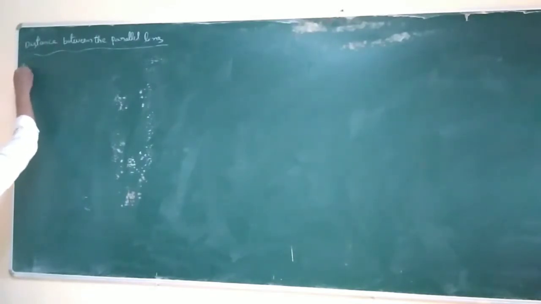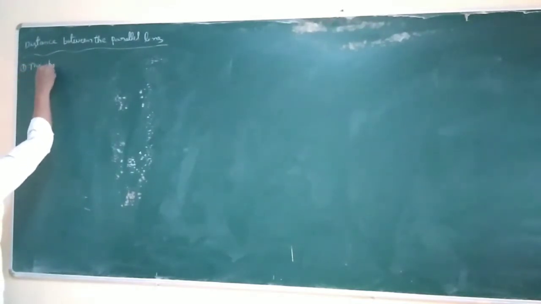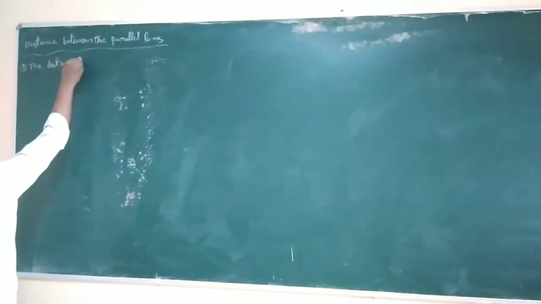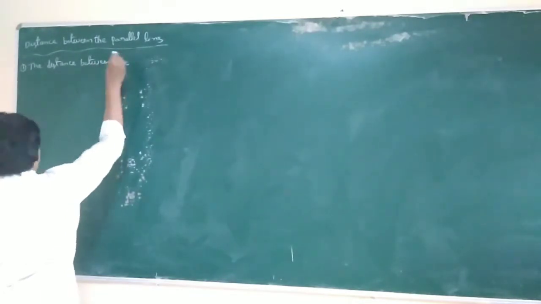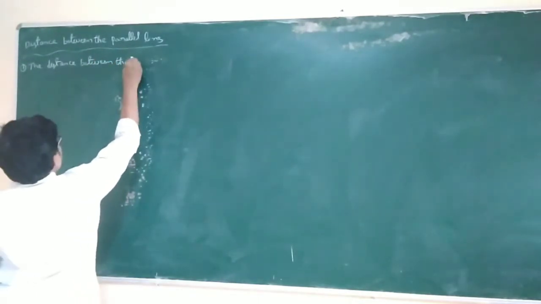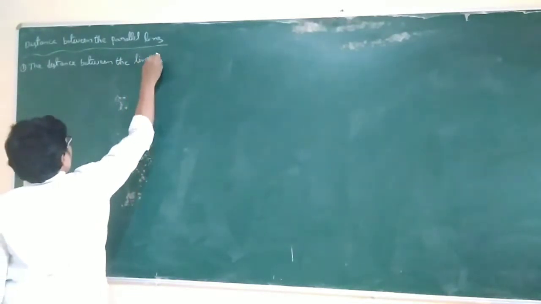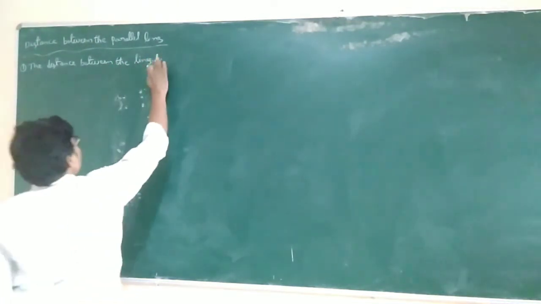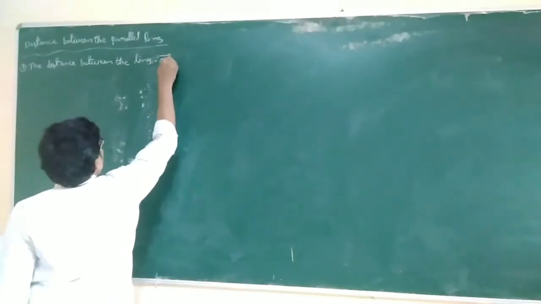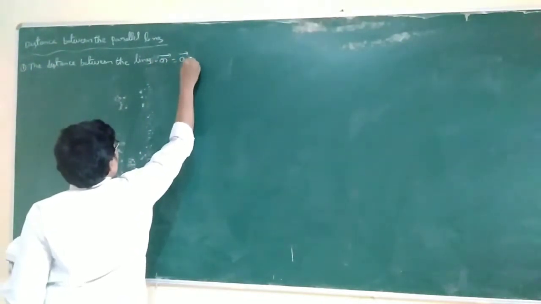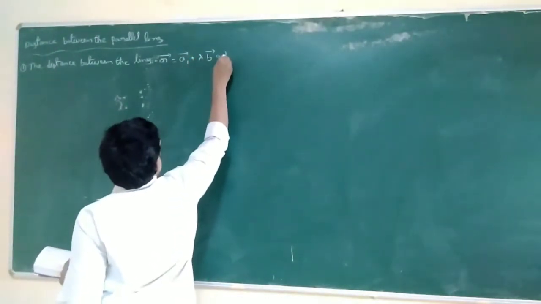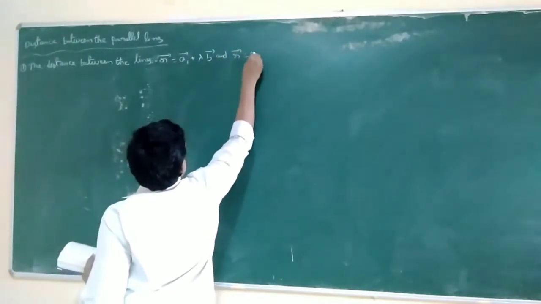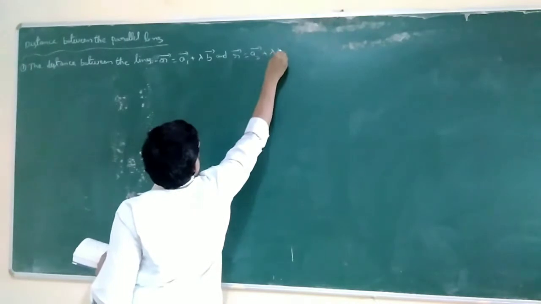Find the distance between the lines L1, R bar is equal to A1 bar plus lambda B bar, and R bar is equal to A2 bar plus lambda B bar.